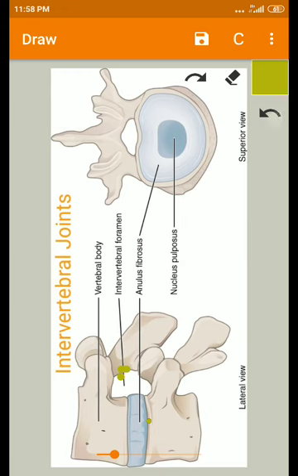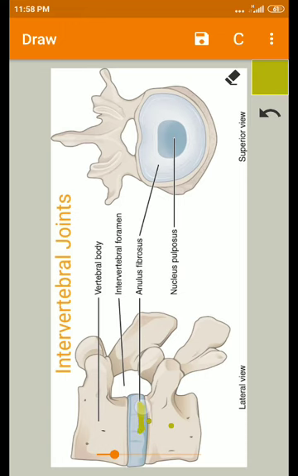The intervertebral joints are three in number. One is the median joint, which is formed between the two vertebral bodies, and the remaining two are formed by the articular processes. Between the two vertebral bodies, a disc is present called the intervertebral disc.